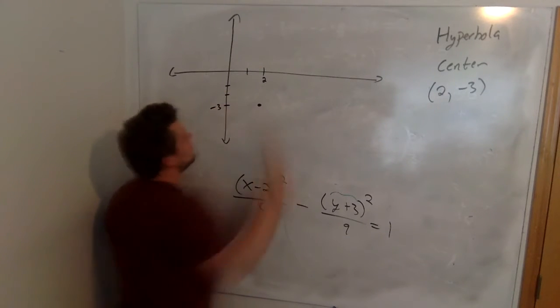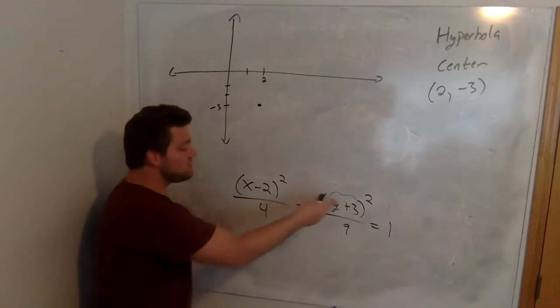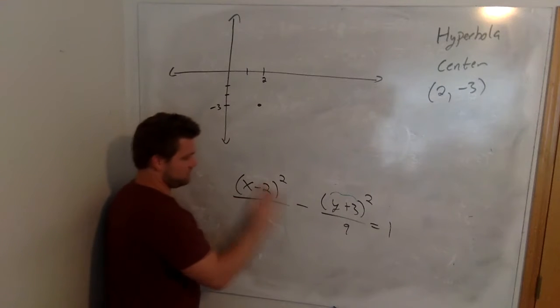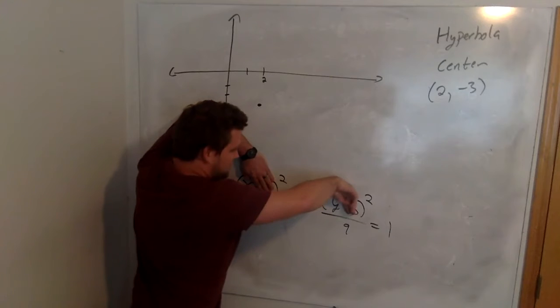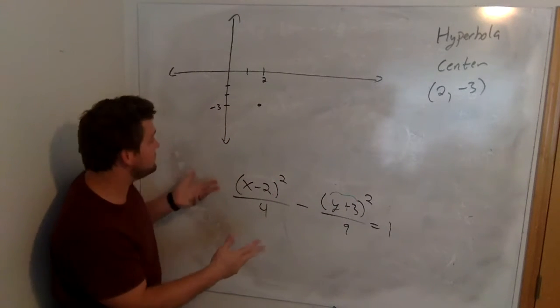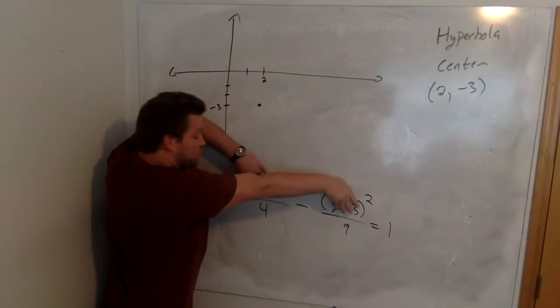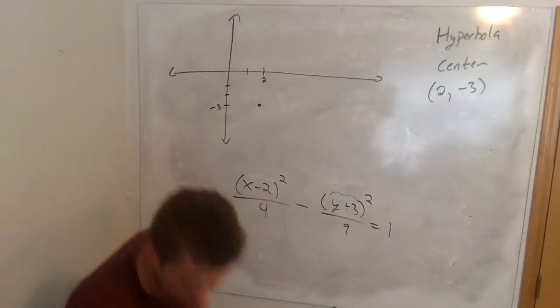Okay. Now let's think about what our A's and our B's are. Well, if this thing wasn't shifted away from the origin, if we cover up the negative 2 and cover up the 3, this would have x-intercepts. Of course, since it's shifted, the shifted one will have x and y intercepts, but the unshifted version will have x-intercepts. So this one is going to be facing to the left and to the right.